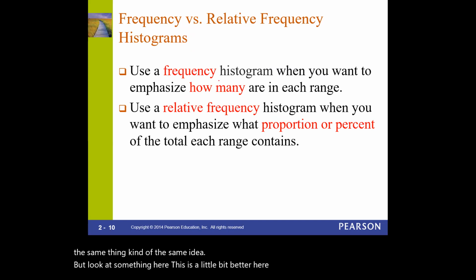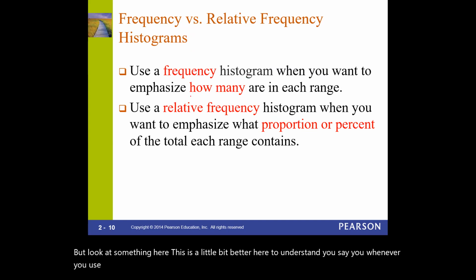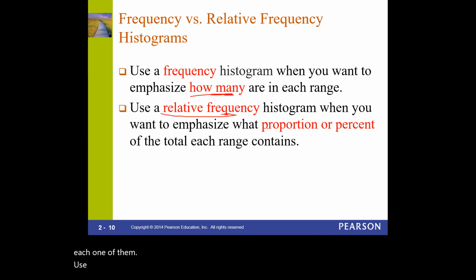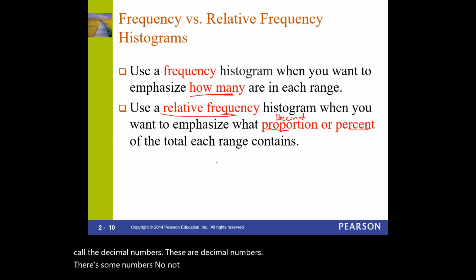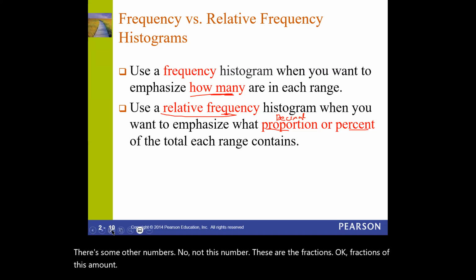Whenever you use a frequency histogram, you want to emphasize how many are in each one of them. You use relative frequency if you want to talk about proportion or percent. Proportion is what you call the decimal numbers. These are the fractions, okay? Fractions, not decimals.